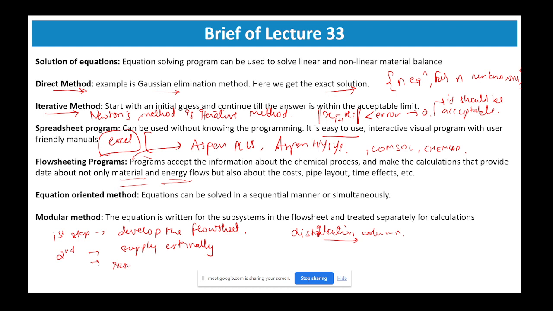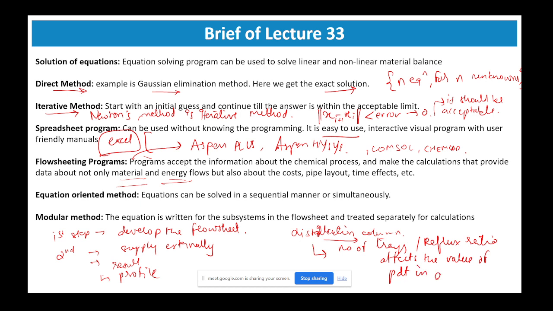You get the result, and you can develop profiles also. For example, for a distillation column, you can check how the number of trays or how the reflux ratio affects the value of product in the distillate.